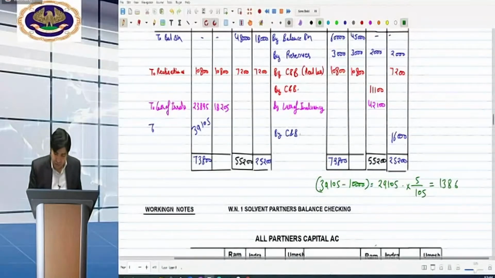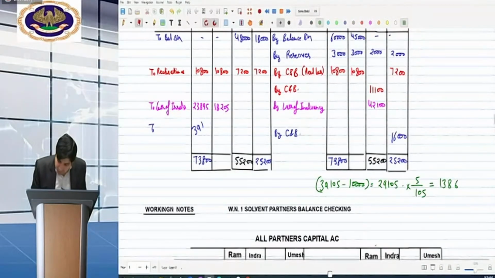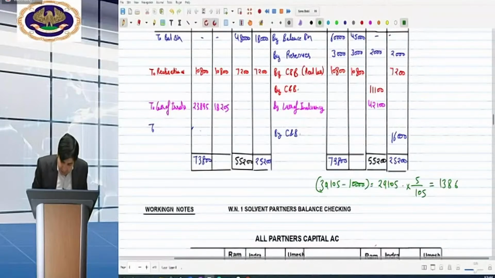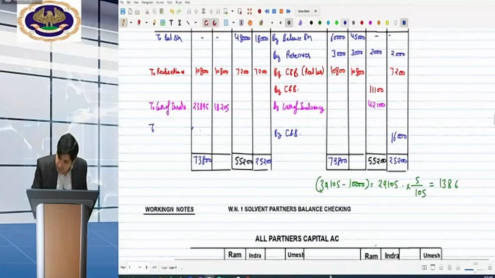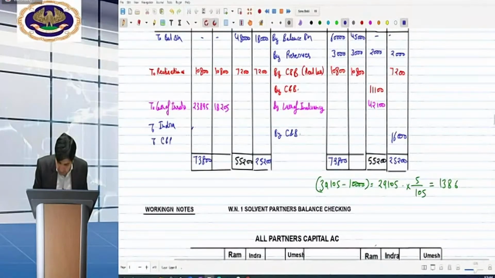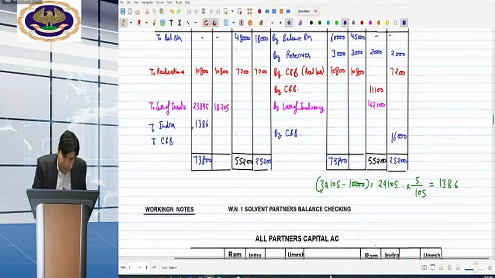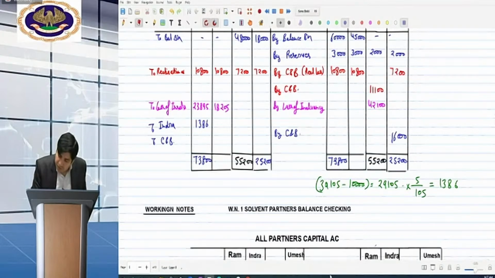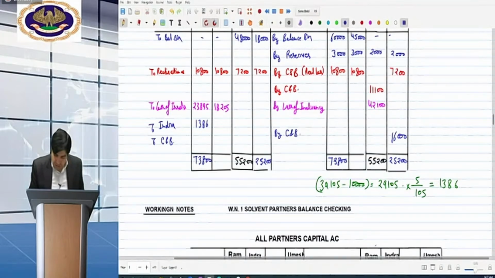Yes, it is 1,386. So beta, we are transferring from here to there 1,386 to Indra and to cash and bank 1,386, because how can we pay commission on the same amount which is being brought by himself.